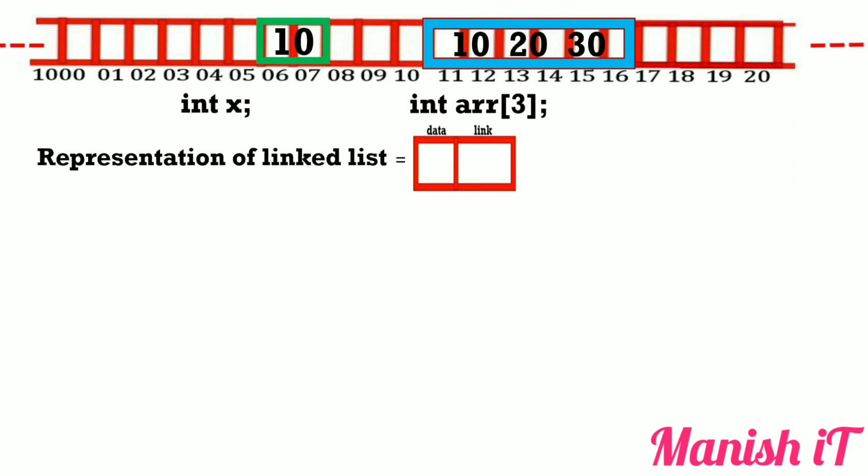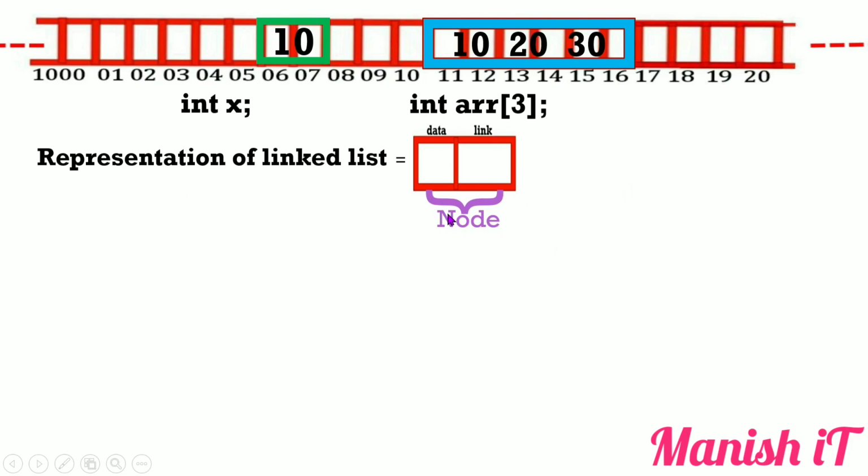We will see it later. Here the user has entered the same type of values, because I already told you that it is also a collection of similar data types. And this whole thing, the link part and data part together, is known as a node.